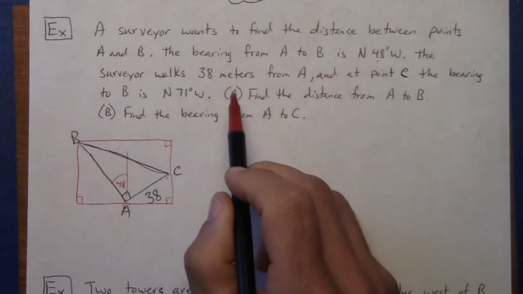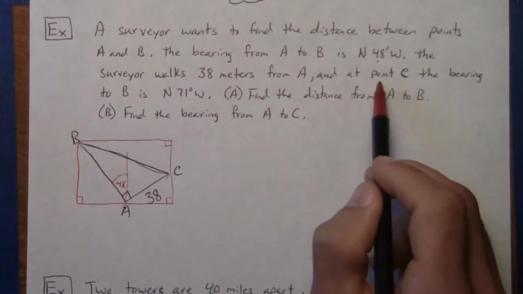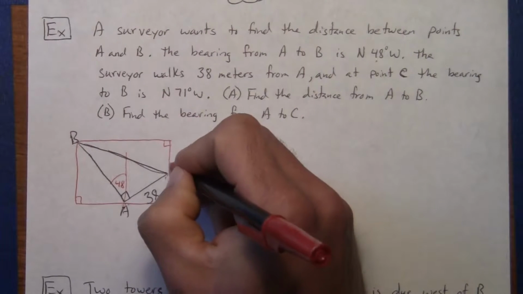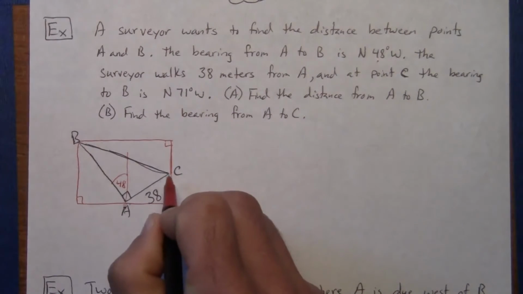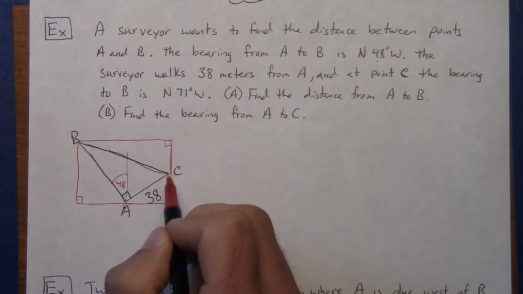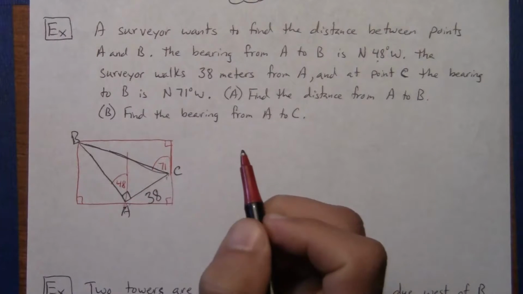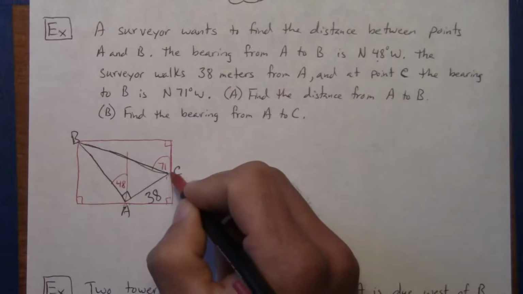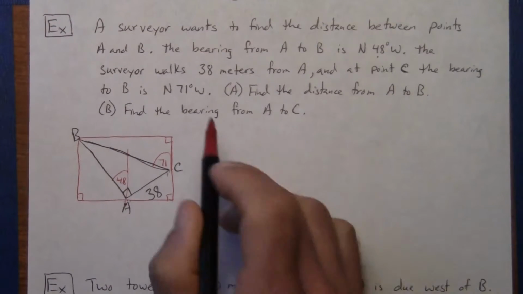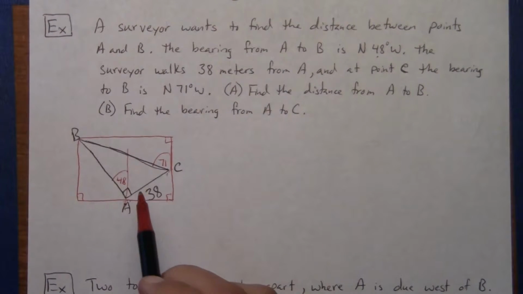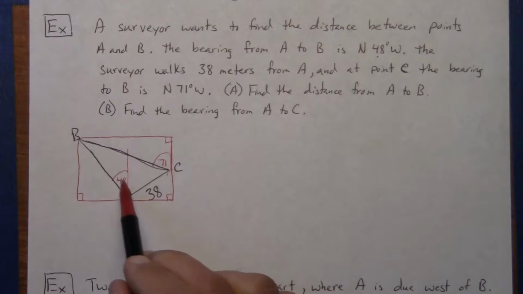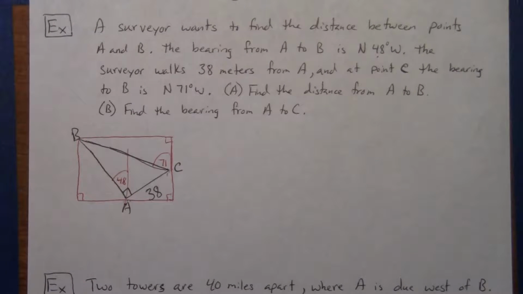Then the second part of this information says that from C, drawing a vertical line, which would be this one right here, it's going to be north 71 degrees to the west. So double check first of all that when you read that you can set up those two angles. In the book they give you the picture, but I don't think they give you those angles.